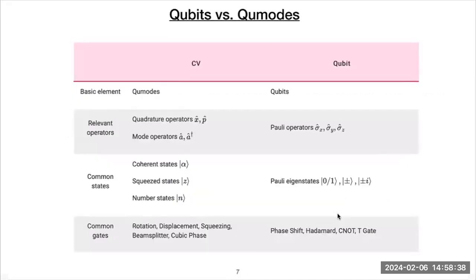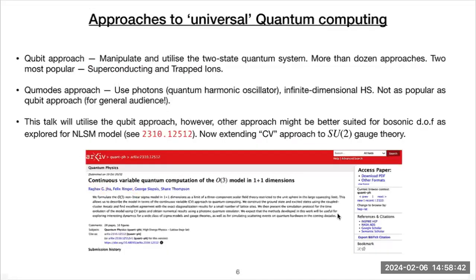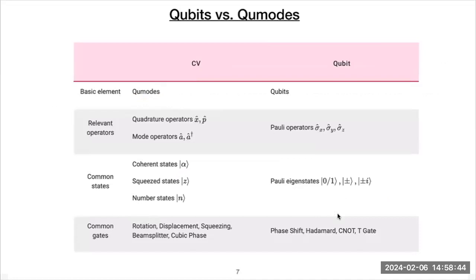So the basic idea of CV, or the continuous variable approach, which is what I meant here, is that the Q mode is for qubit. It's a qubit-based method. In this, we have quadrature operators, or the creation and annihilation operators. For these, we have Pauli operators X, Y, Z. In these cases, the common states with which you represent the initial state of a quantum system are coherent states, squeezed states, and number states, which are well known from the study of the harmonic oscillator.